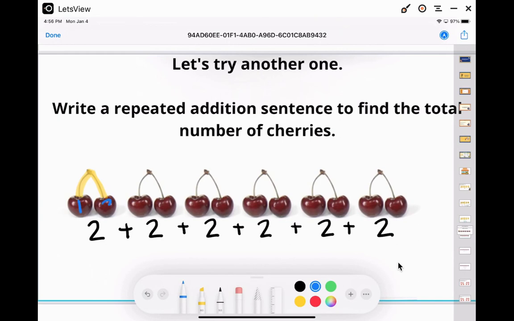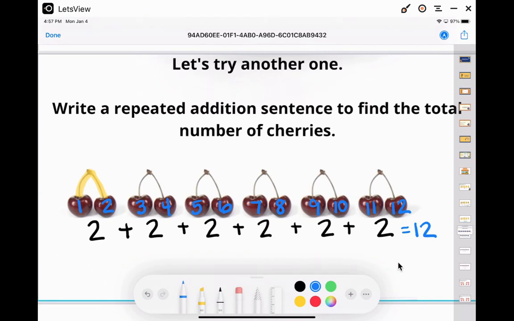1, 2, 3, 4, 5, 6, 7, 8, 9, 10, 11, 12. We have 12 cherries. Another strategy that we could have used to figure out how many cherries we had and answer our repeated addition sentence would be to skip count.